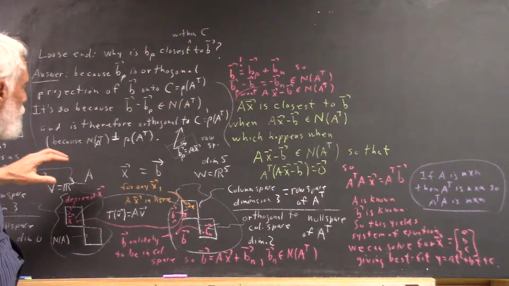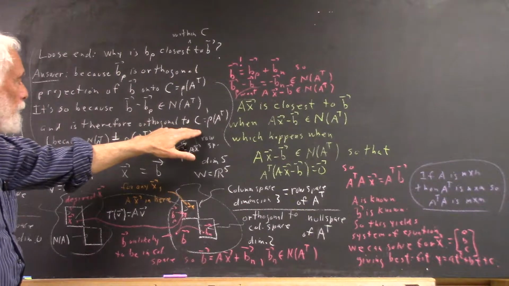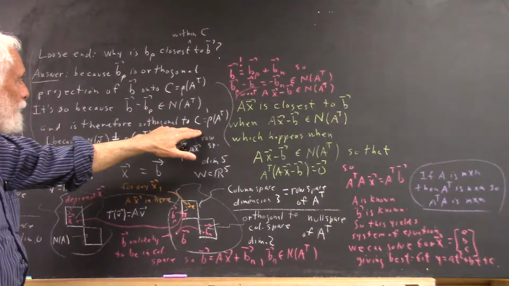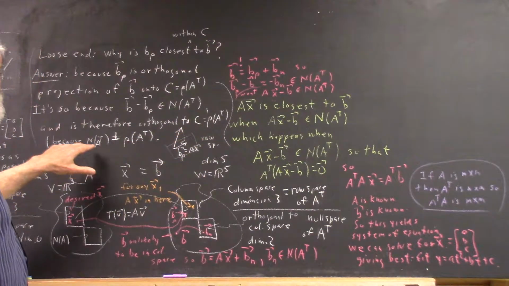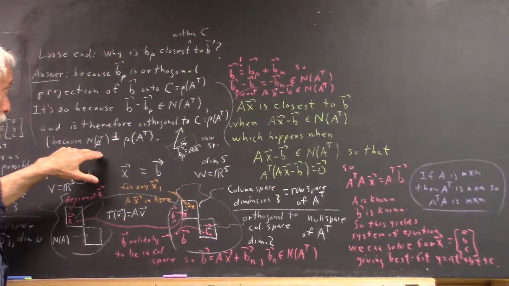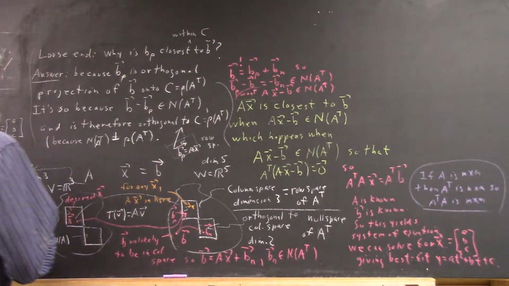Okay, and why is B minus B row orthogonal to this? Because this is orthogonal to this. It's because the null space of A transpose is orthogonal to the row space of A transpose.